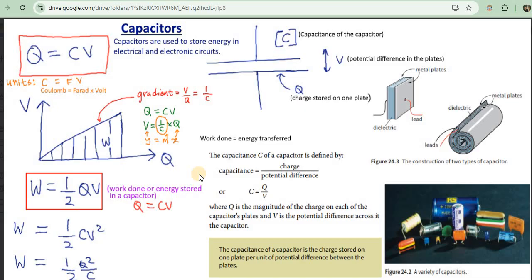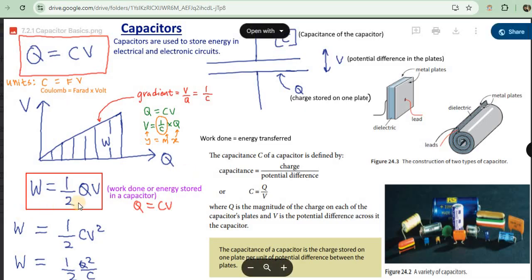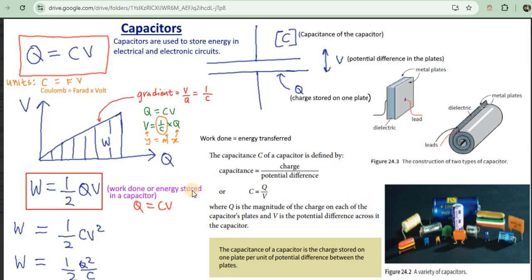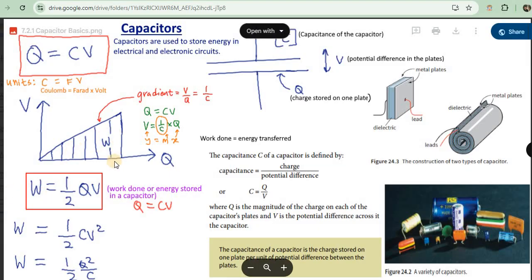Similarly, over here we can say that the work done on the capacitor, or the energy stored in the capacitor, is equal to the area under this graph. So W or E is equal to half QV. The area under this graph is the area of a triangle. Area of a triangle is half into base into height, so half into Q into V.